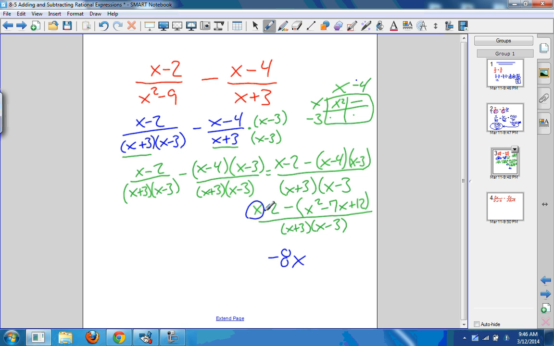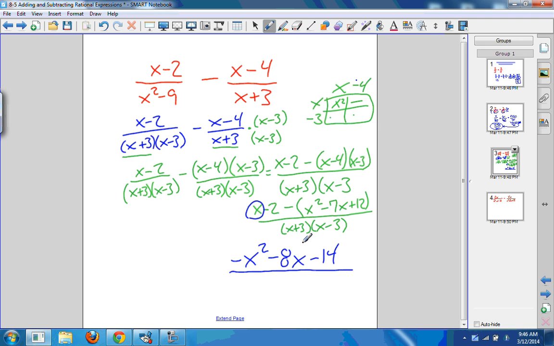We have a negative 2 minus positive 12, which is going to give us a minus 14. And this negative we have to distribute to the x squared as well, so that's going to be negative x squared. Alright, so the next step, this is our numerator.